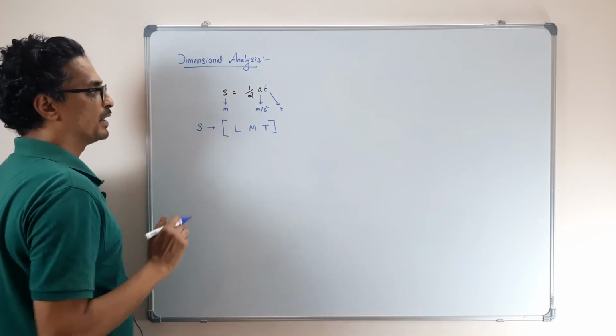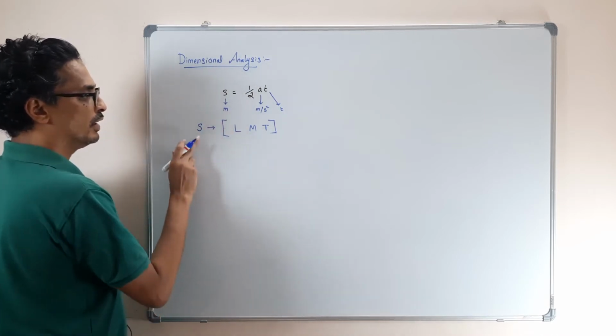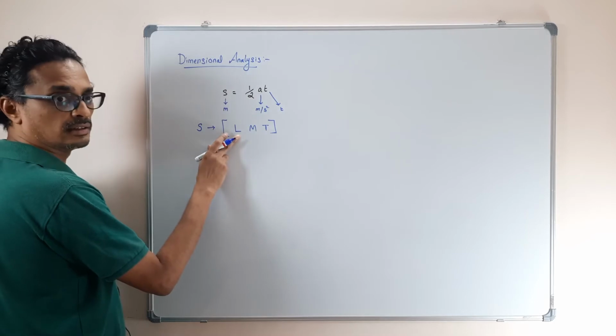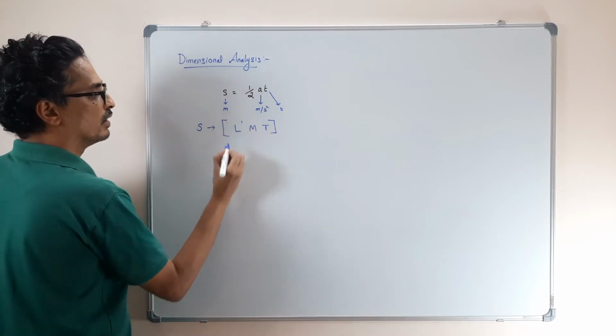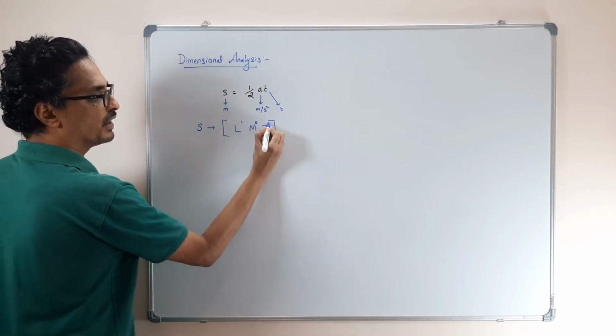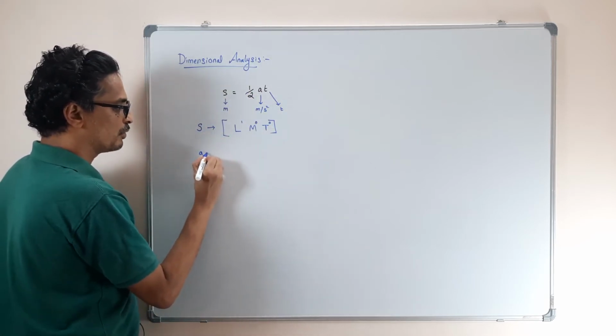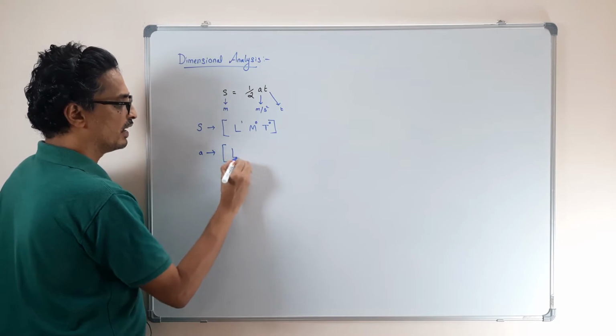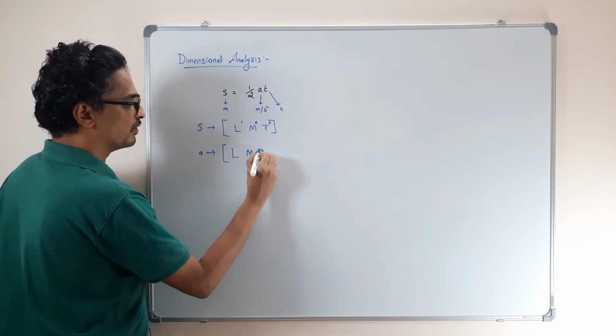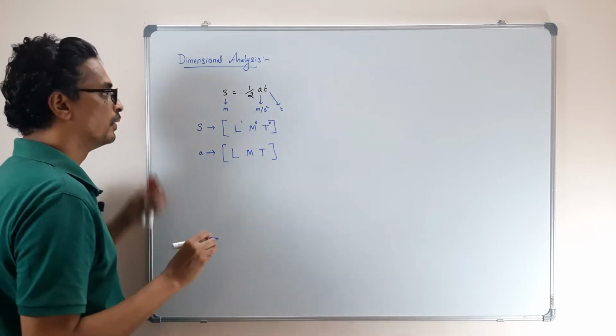Tell me, what will be the L? L is length, so L power 1, mass 0 and time 0, correct? And let us take a. For a, what will be the dimension? LMT.